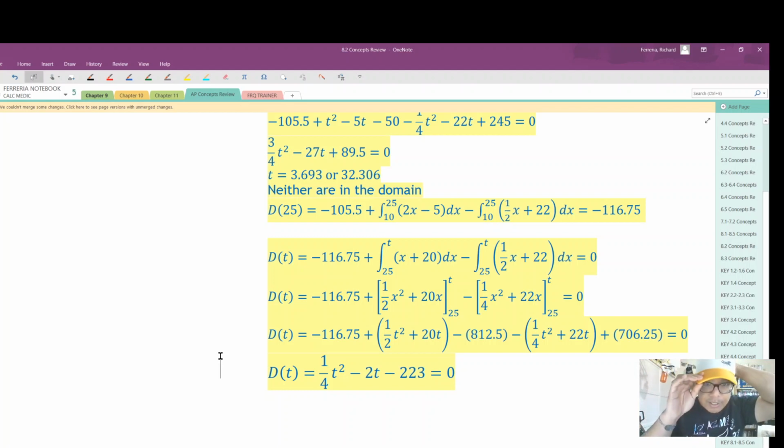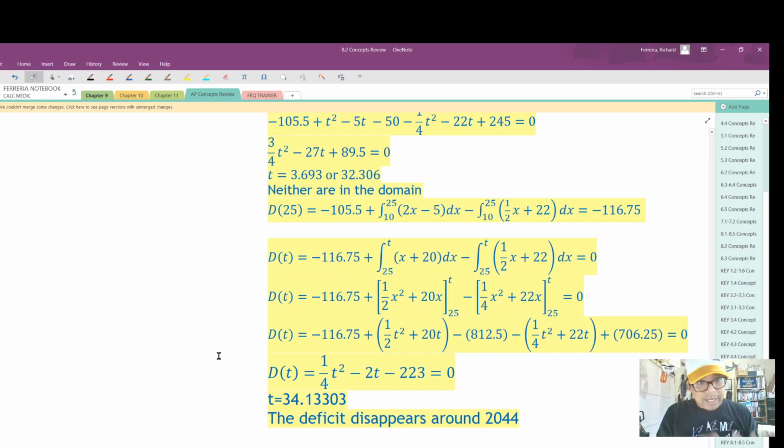That looks like a pretty nice function as it is. And like we did before, these don't look like nice numbers anymore, so we're going to use our calculator to solve for us. And we get t equals 34.133, or we get a deficit that disappears around 2044.